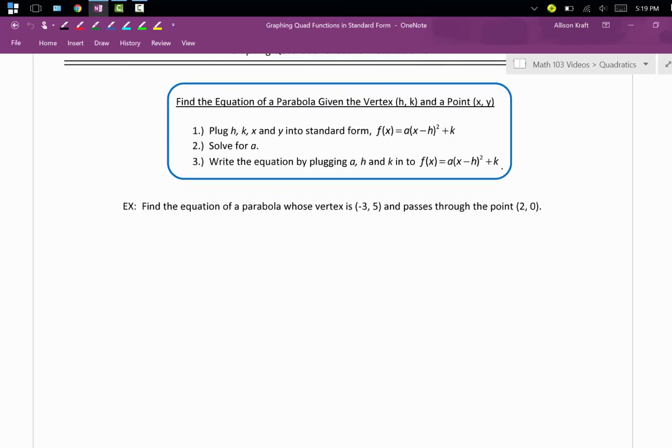Let's find the equation of the parabola whose vertex is -3, 5 and passes through the point 2, 0. So we've been given h, k, x, and y. We'll plug this into our standard form.